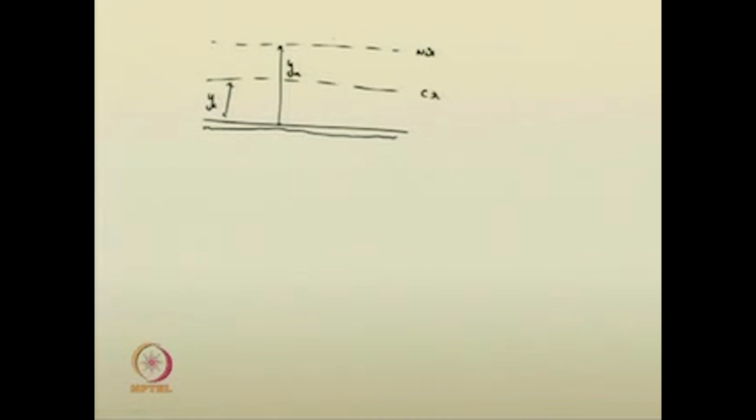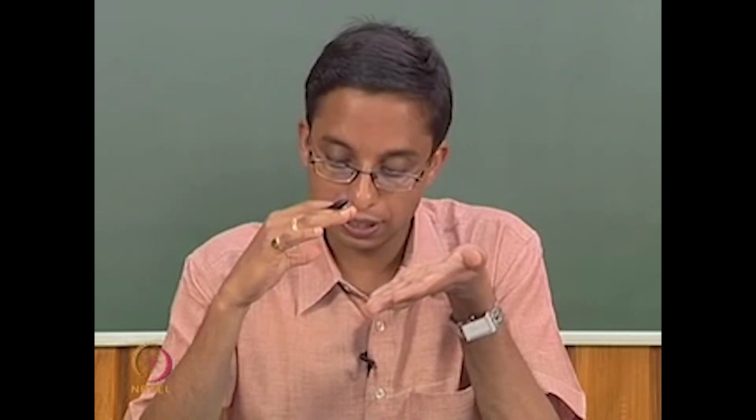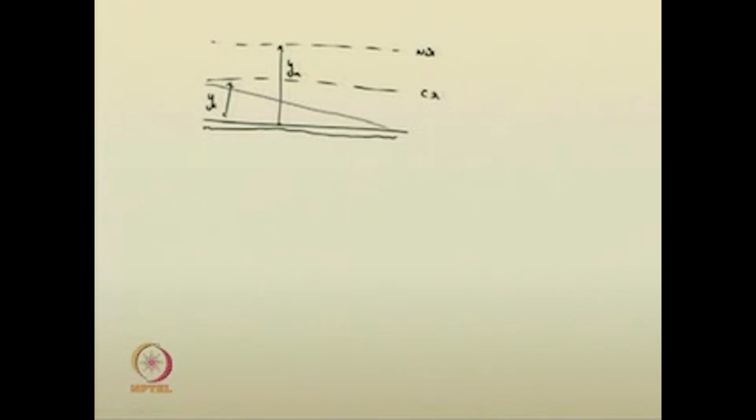You will see that whatever normal depth was there earlier slowly starts reducing, and it will reach a state where, if I raise the bed slope from here to here like this, the depth of flow will become like this, and whatever depth of flow is there, y c, that will also become the critical depth, and such a slope is called the critical slope.